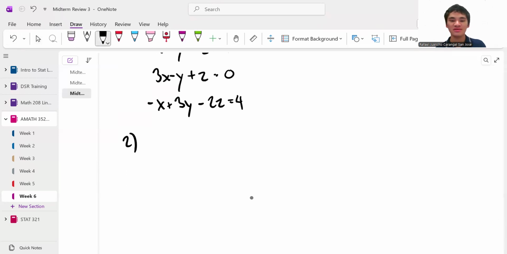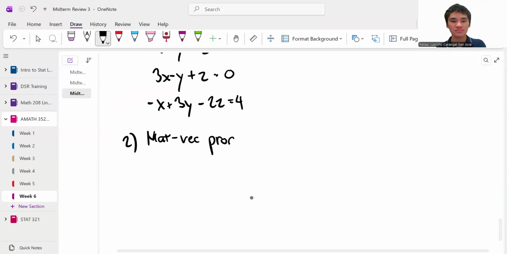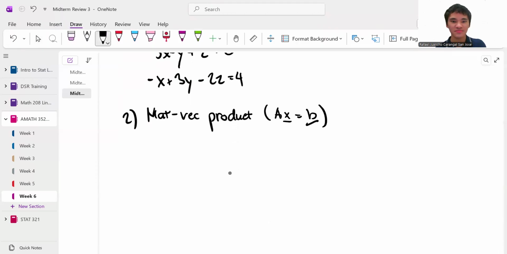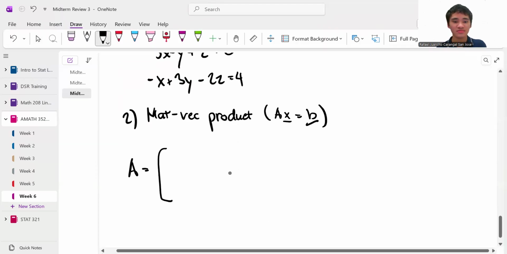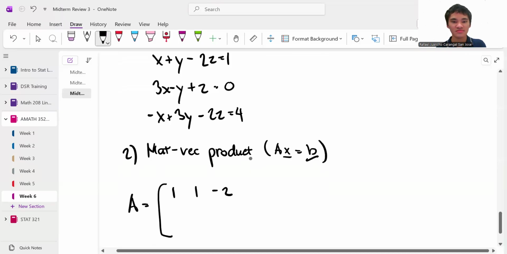Another way is through mat-vec. I'll do it as Ax equals b. And we've probably seen that already in my scientific computing series, but just to review, we write A and go through the coefficients of each equation here.